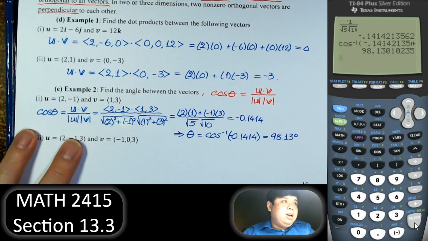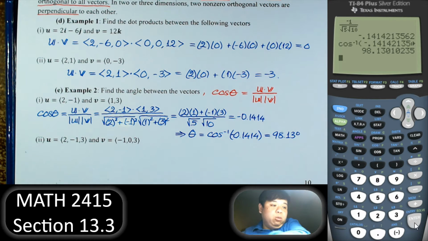Right. Next, we have the angle between two vectors here in 3 dimensions. Right. We do the same thing.